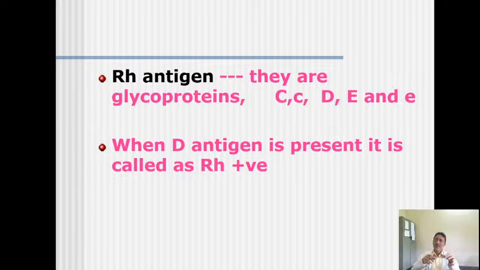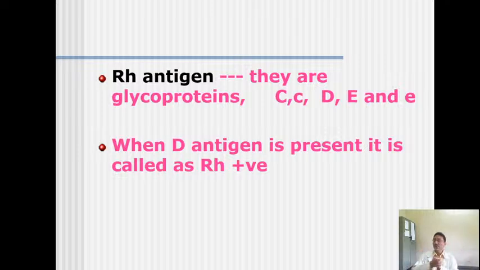The small c, small d and small e is another group. So basically the Rh antigen group is a combination of 6 different antigens, labeled into two groups, capital C, D and E and small c, d and e. In total this Rh group is 6 antigens.